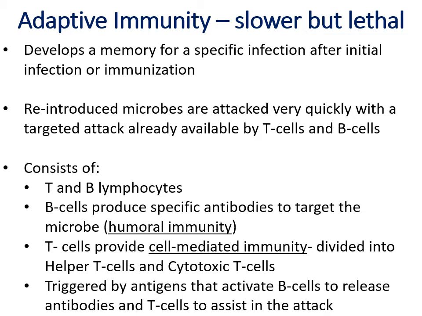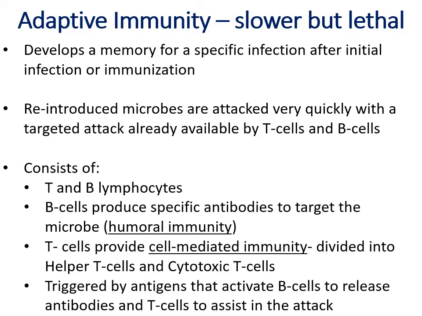We use different portions of the bacteria or the virus. We inactivate them and we inject them into the body, and the adaptive immune system recognizes the foreign material in the injection and forms long-term memory to those particular infections.